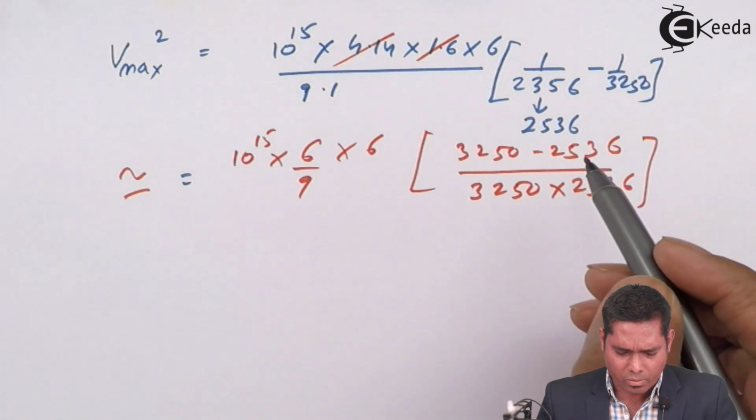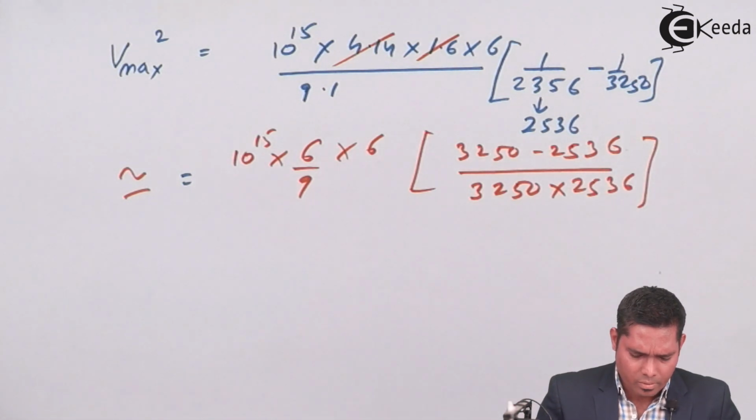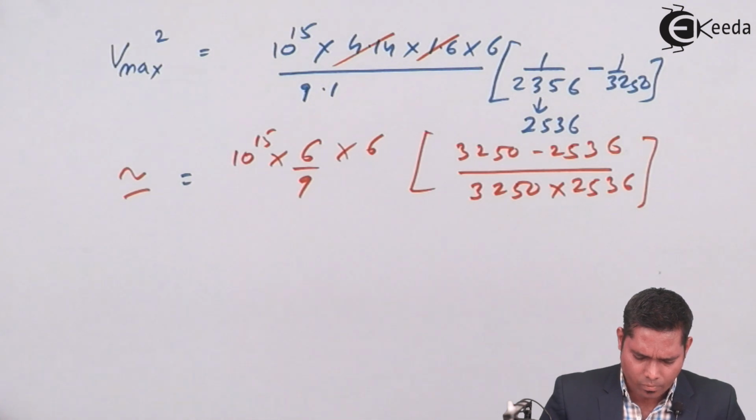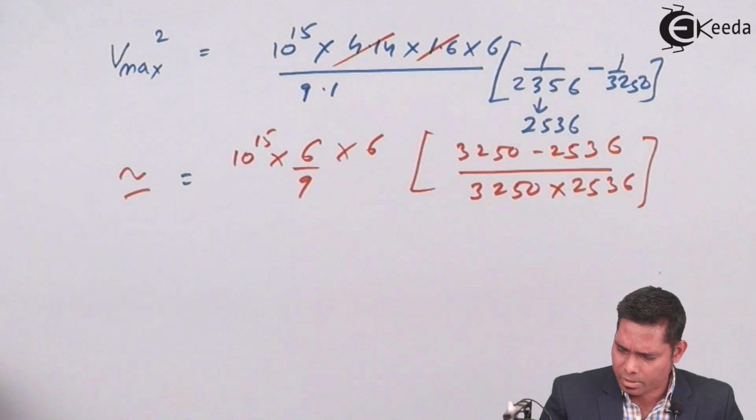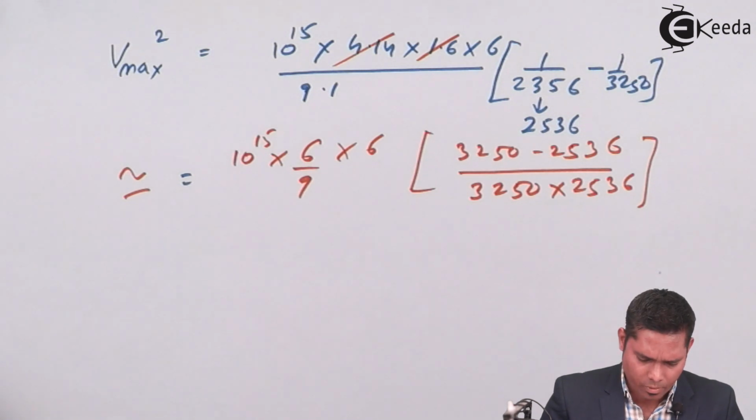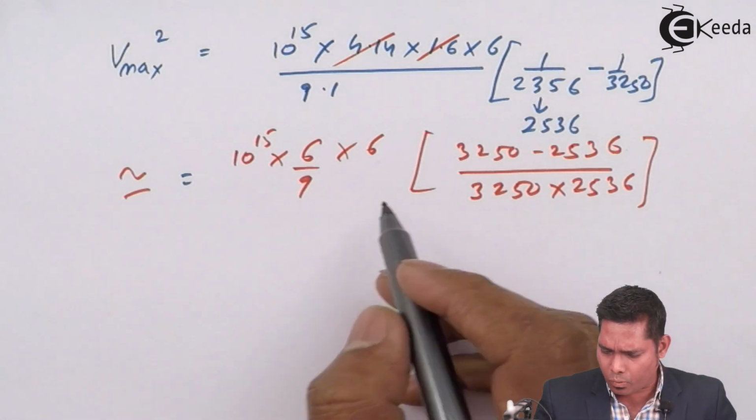Just let me use the calculator for that. The difference 3250 minus 2536 comes out to be 714.